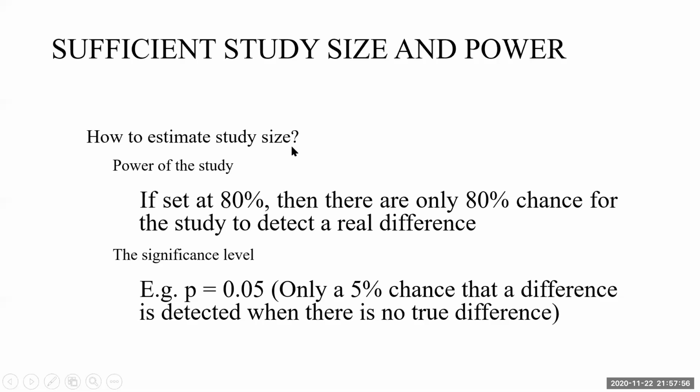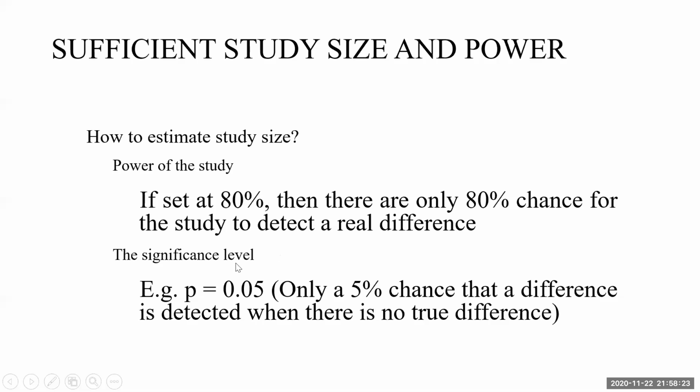How to estimate study size? First of all, we should determine the power of the study. If the power of the study is set at 80%, then there is only an 80% chance for the study to detect a real difference. Usually studies set their power at 80, sometimes 90, but if you increase the power, you need to increase the study size.